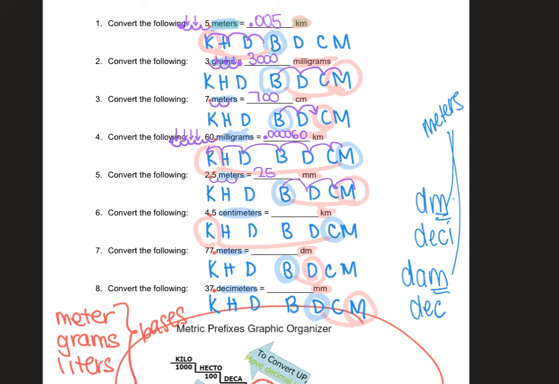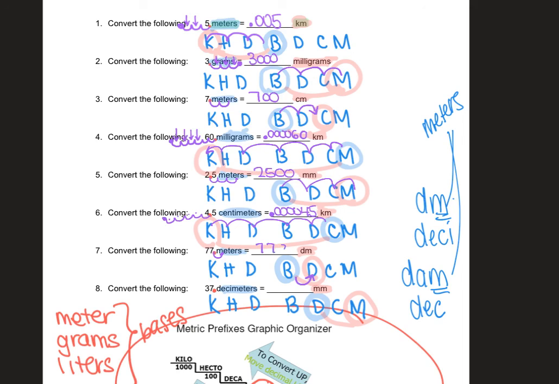So I have 2,500. This I'm going 1, 2, 3, 4, 5 to the left. So I have 1, 2, 3, 4 holes. So point 0, 0, 0, 0, 4, 5. Here I'm just going 1 to the right.